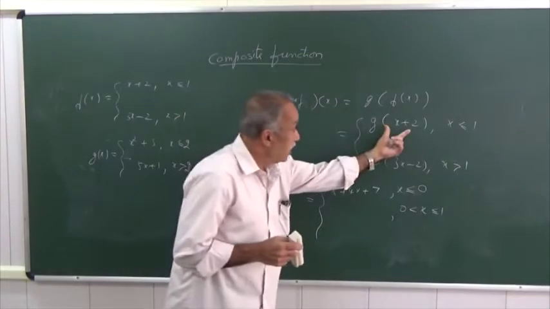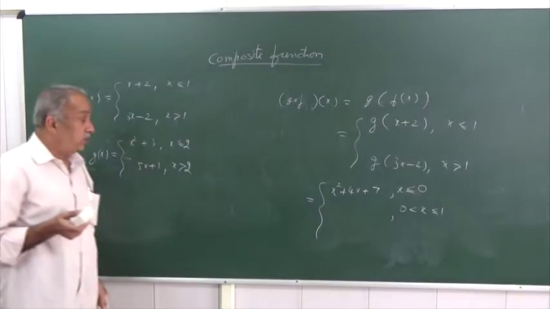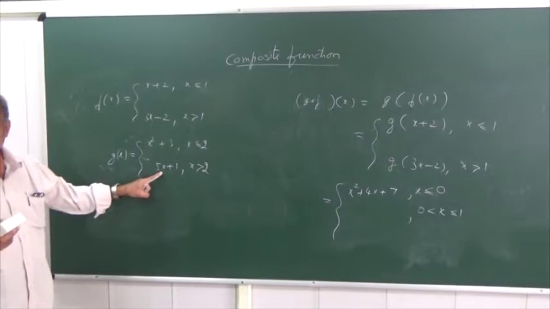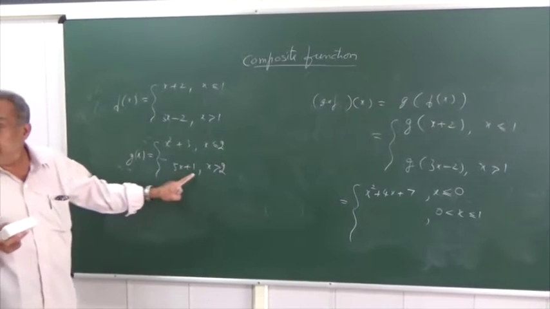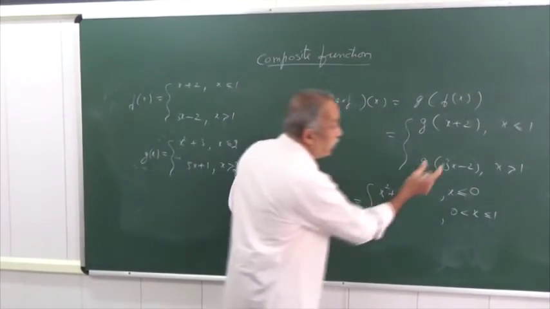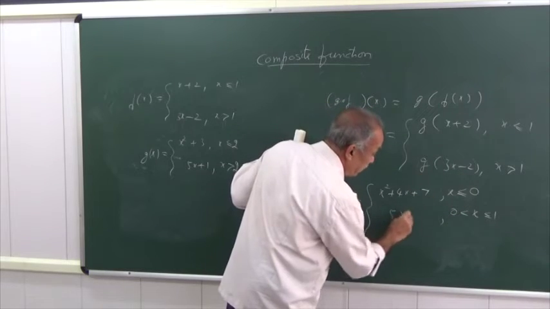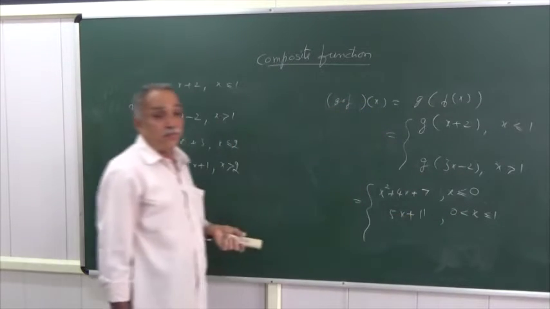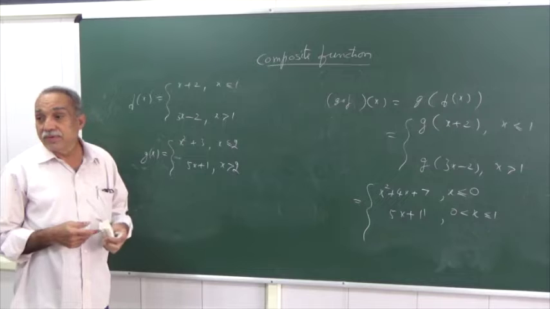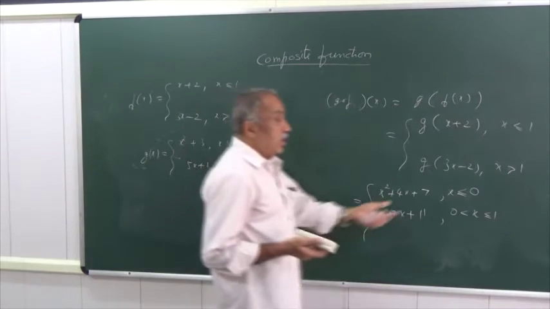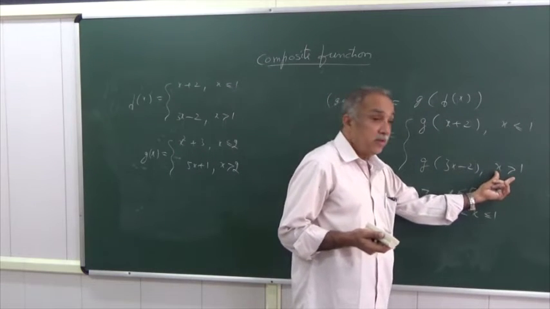Now, this argument will be a number between 2 and 3. For such numbers, this is the formula: 5 times the argument plus 1. 5 times the argument is 5x plus 10, 5x plus 10 plus 1, 5x plus 11. X greater than 1.